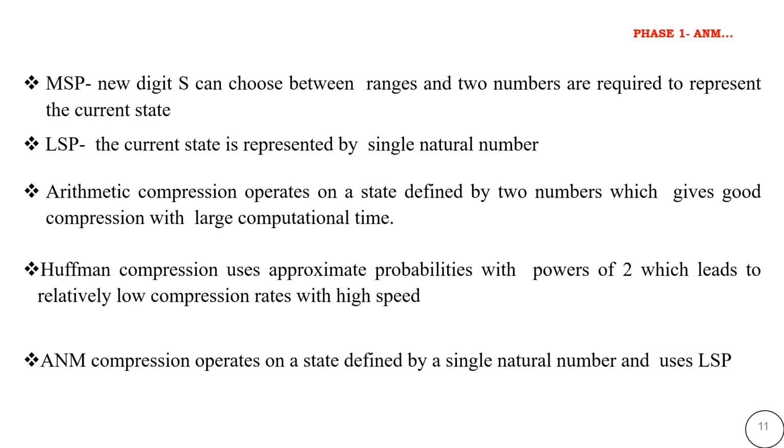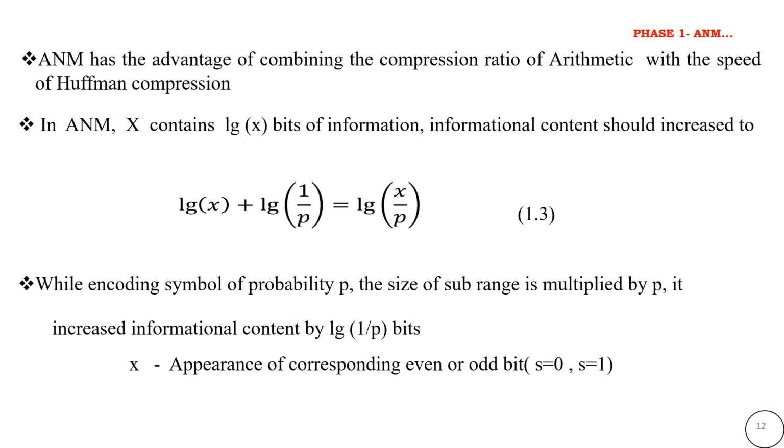But ANS operates on a state defined by a single natural number and uses the least significant position, LSP, which is the advantage of ANS. So ANS combines the compression ratio of arithmetic with the speed of Huffman compression.